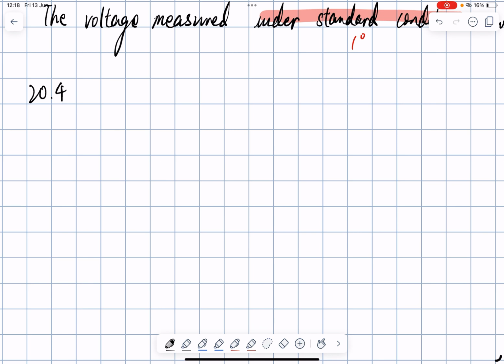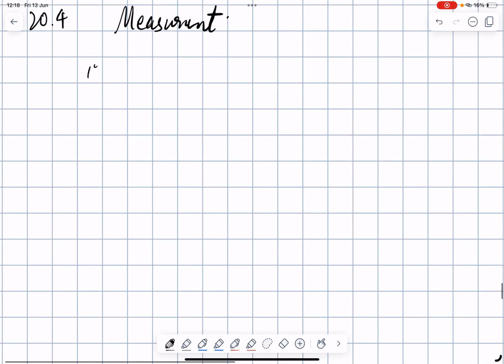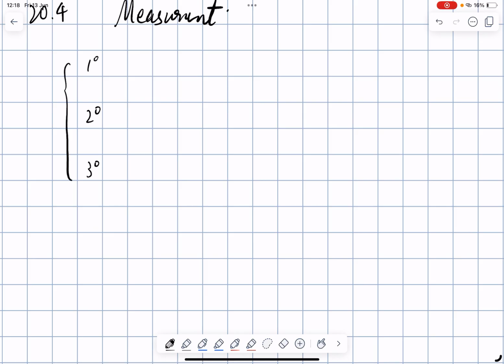Okay. Now we're turning to 20.4. How can we measure standard electrode potentials? Measurement. That's actually pretty easy, but we have to discuss it in 3 different situations. First, a metal ion system.